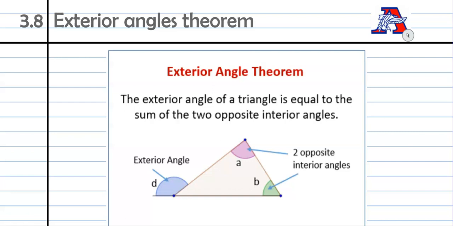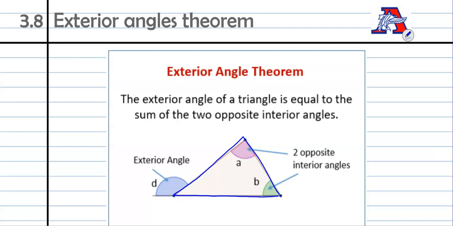So what it says is that the exterior angle of a triangle is equal to the sum of the two opposite interior angles. And I think this diagram does a good job of illustrating that. So we have a triangle right here, obviously. So we have the three interior angles. There's another interior angle down here.